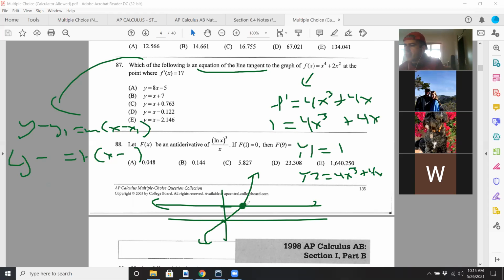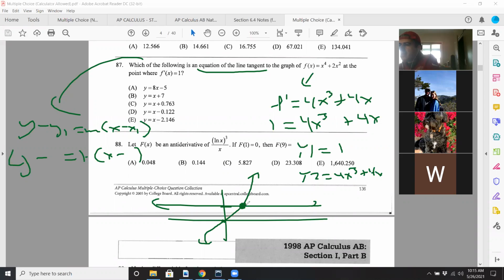So let's work this out, give it a sec here.